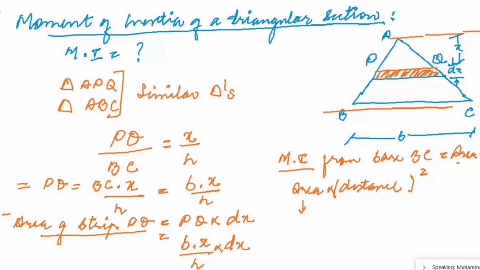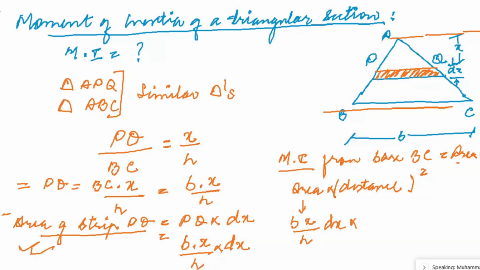How much is that? It is bx divided by h into dx, which is what we got from here, multiplied by the distance. How much is the distance?